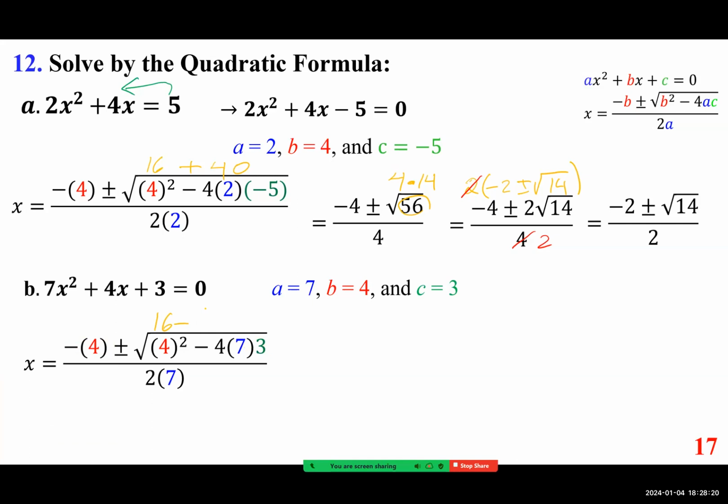Times 4 is 84, so minus 84. 16 minus 84 giving us negative 68.